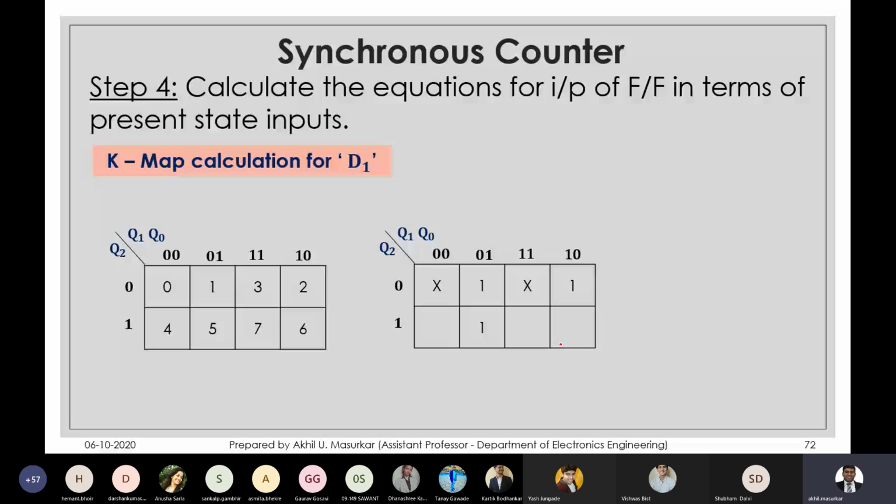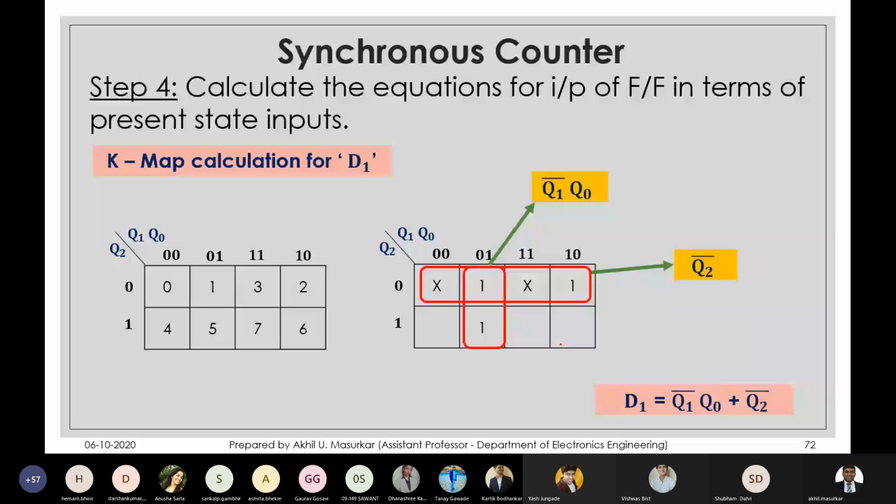And we have one pair and one quad. So we should get Q2 bar and Q1 Q0 bar. So this you can implement using one AND and one OR.